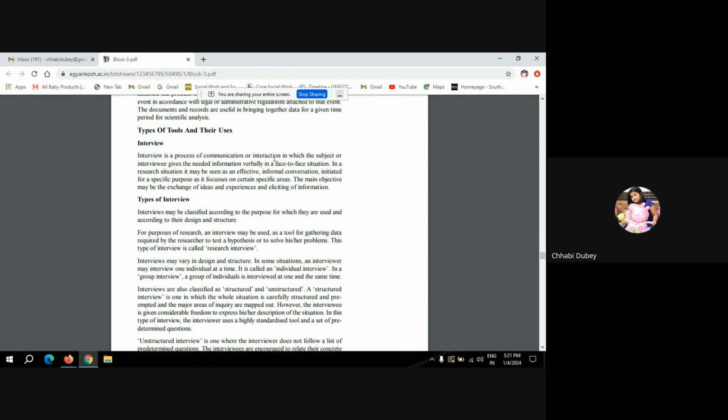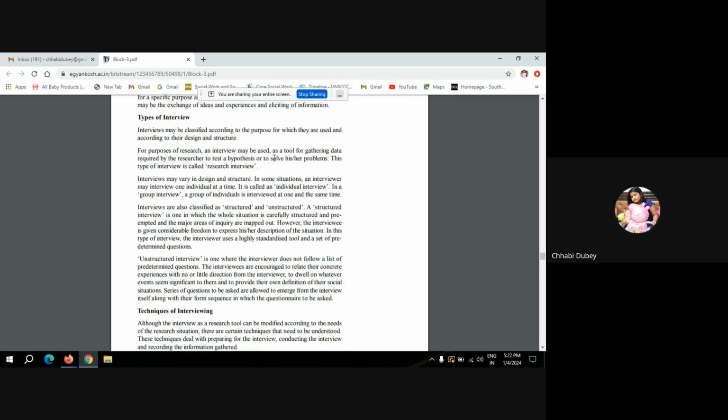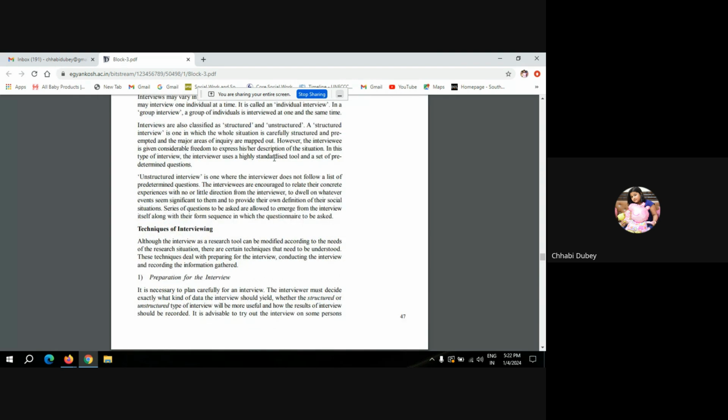And if the interviews are not carefully planned before taking the interview, it's known as an unstructured interview. Then sometimes an interview may also require one or more than one respondent. So it can be an individual interview or a group interview, depending upon the number of persons being interviewed. Generally, these are the different types of interviews.